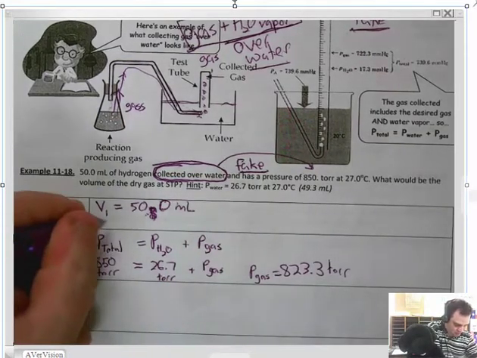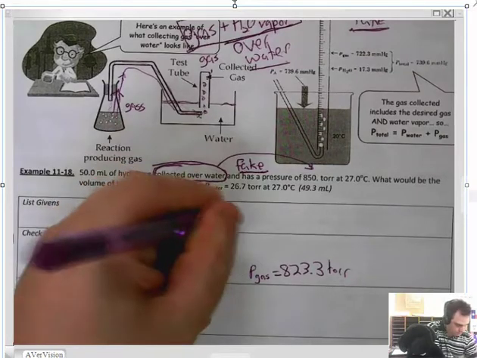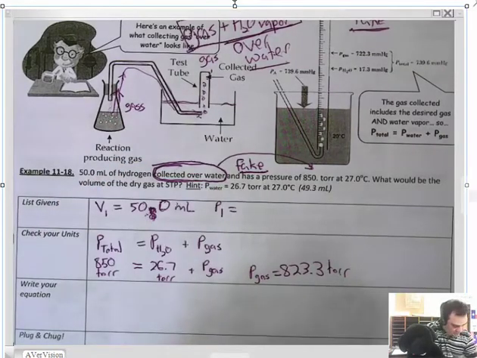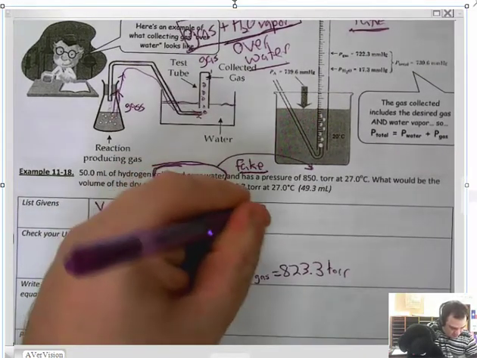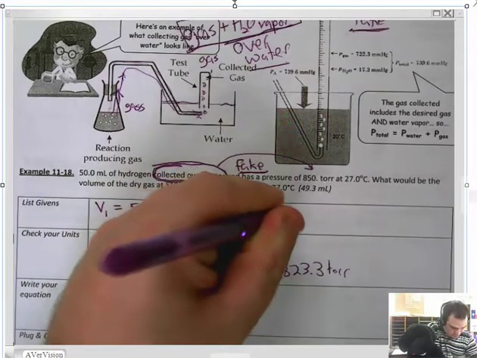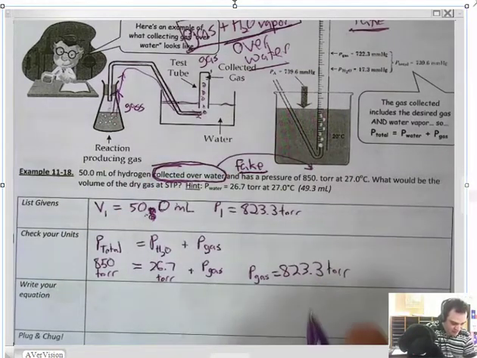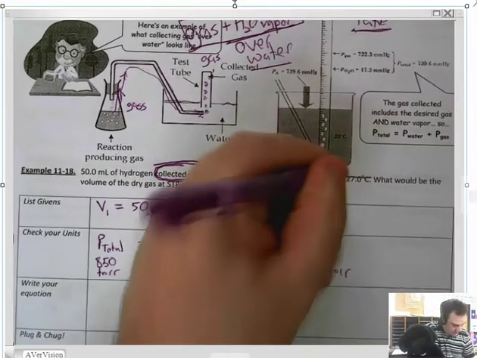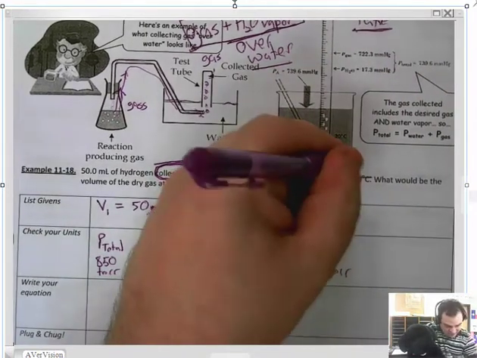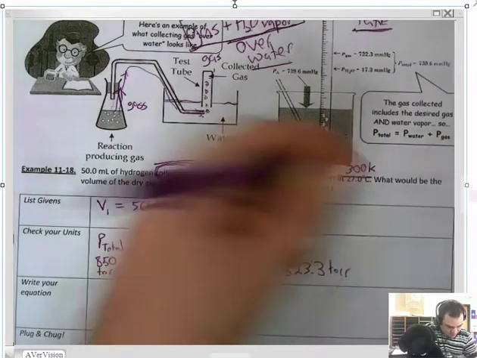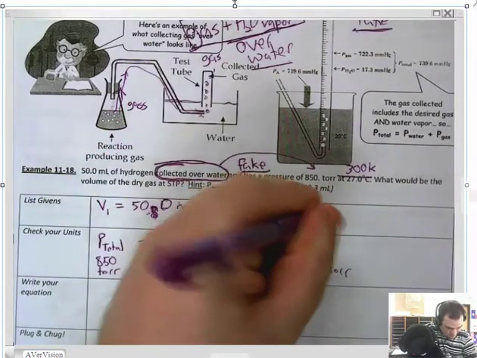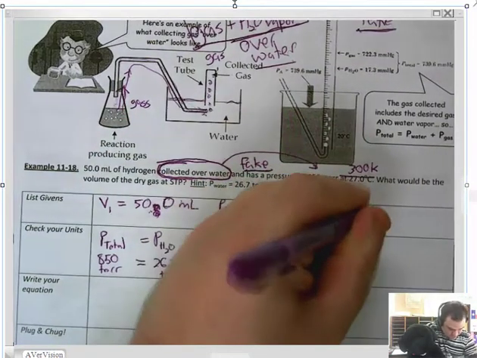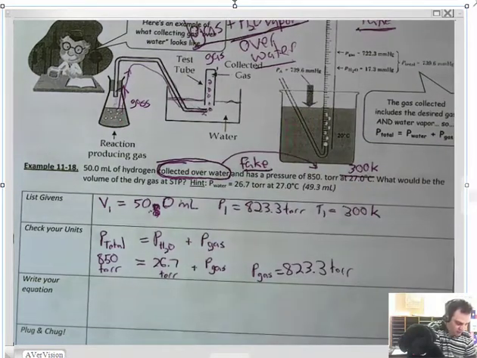So that's going to be P1, 823.3 torr, at 27 degrees Celsius. You're right, Darian. We can't use Celsius. We're going to use 300 Kelvin. What would the volume of the dry gas be?